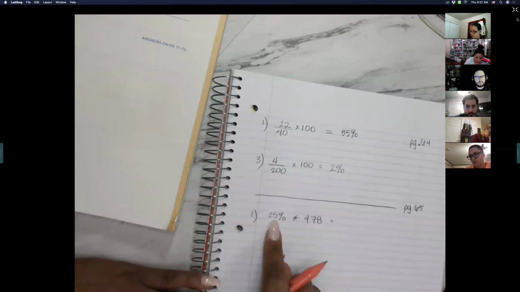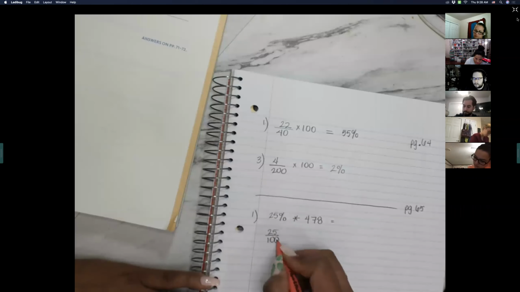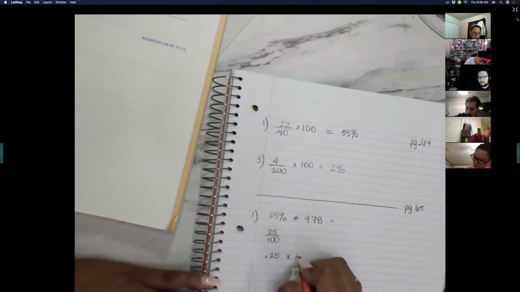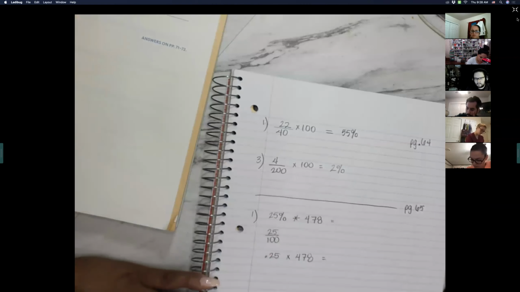Take your percentage and make that into a decimal, right? We know that's just 25 over 100. You're going to get real comfortable with these percentages as you go along. So that's just 0.25, as a decimal, times 478. What is that? 119.5.